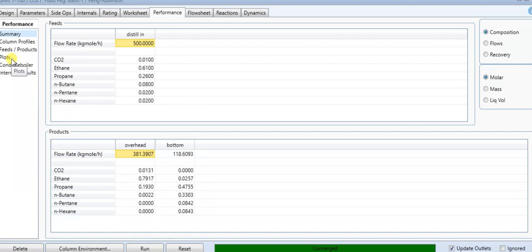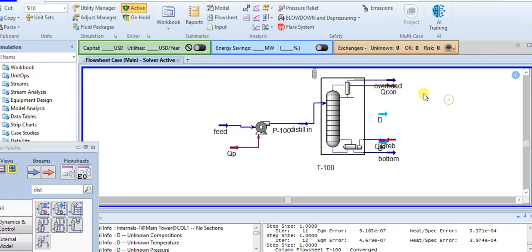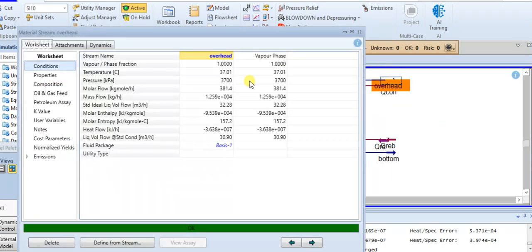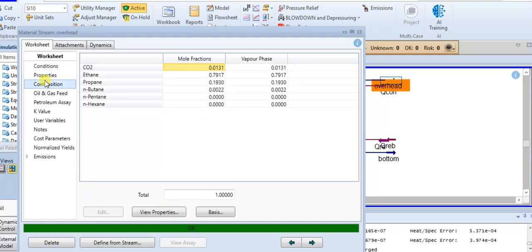Let's see the overhead: ethane is there, and some propane, because ethane and propane have close boiling points.